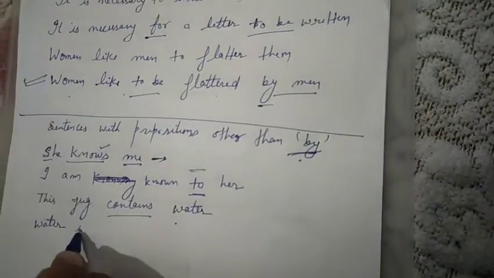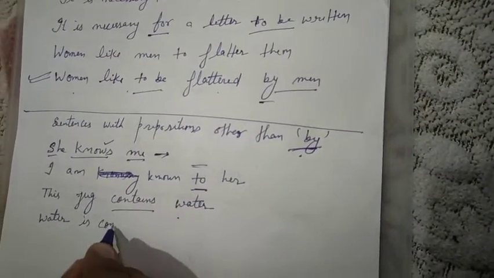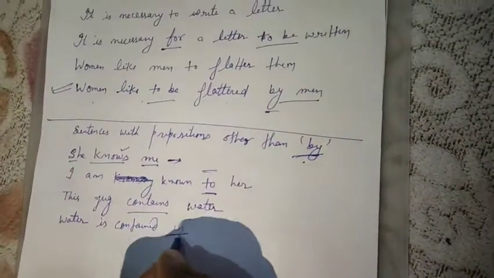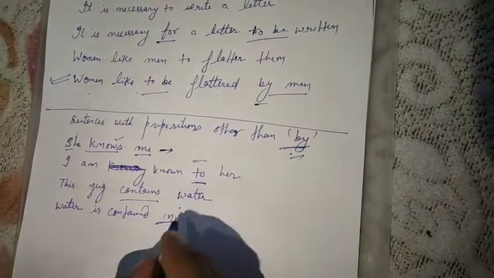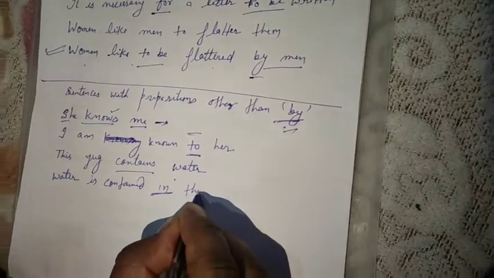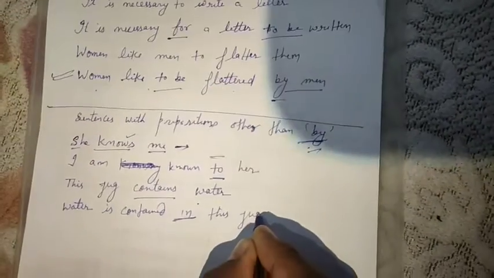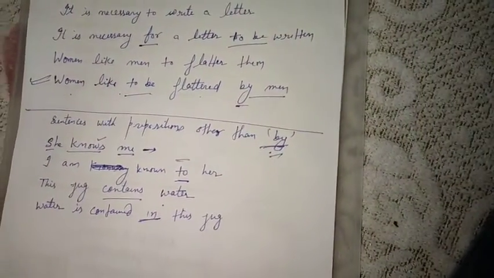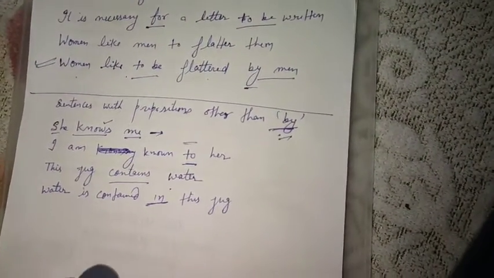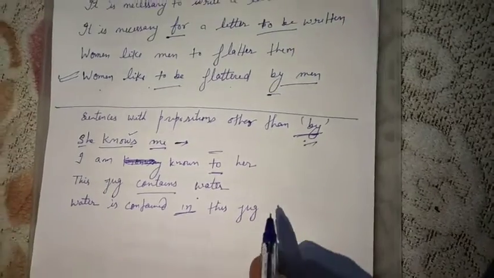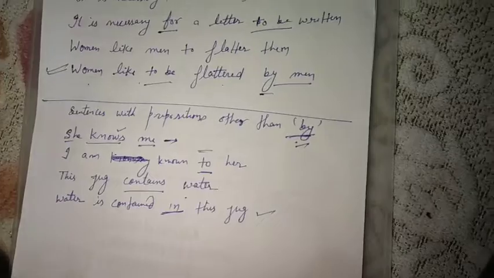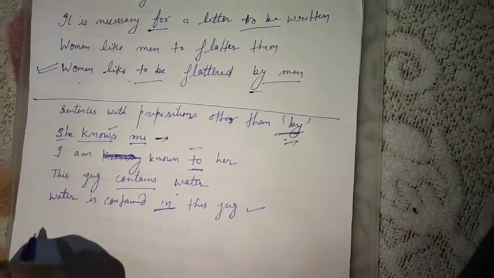See, the tense is present, contained, then in instead of by. We must have learned prepositions. Certain prepositions are used with certain words. You can see the correct preposition with the correct word in your 8th class grammar.